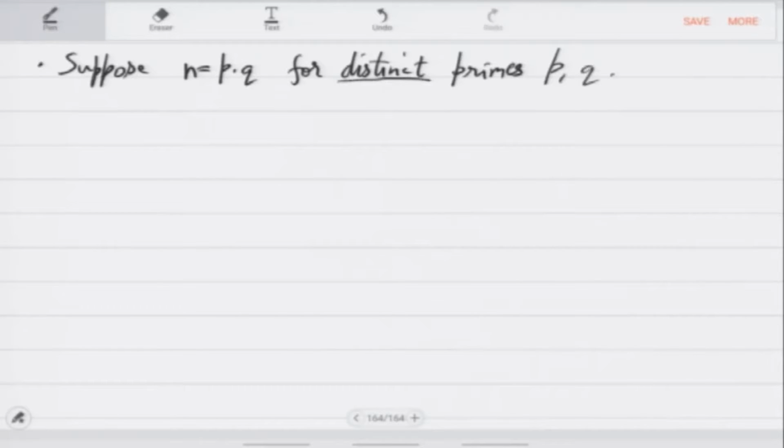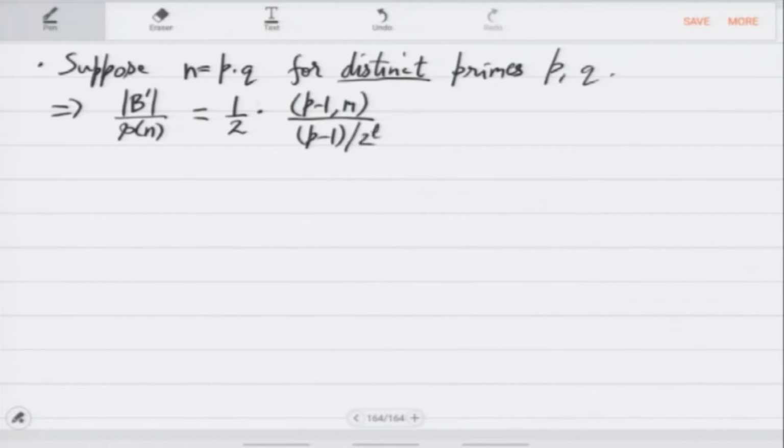This is the only case that we have to analyze. So in this case, the ratio is half times GCD of (p minus 1, m) and GCD of (q minus 1, m) divided by (q minus 1) by 2 raised to L.